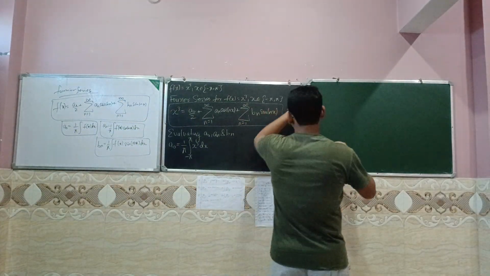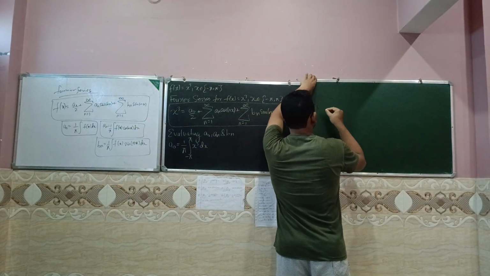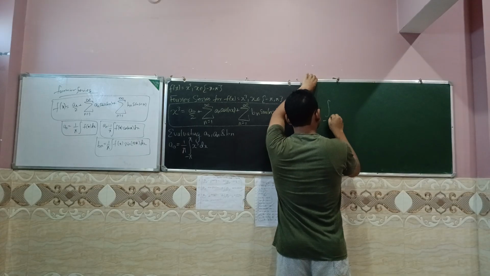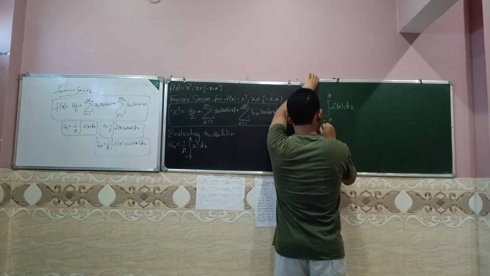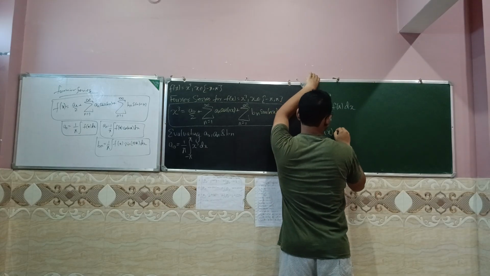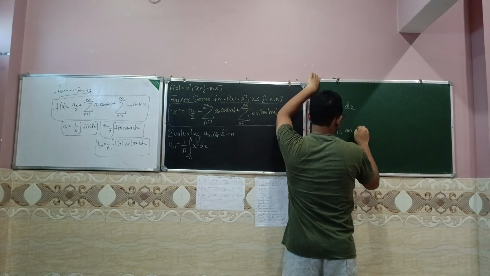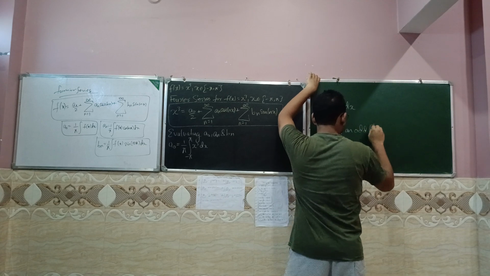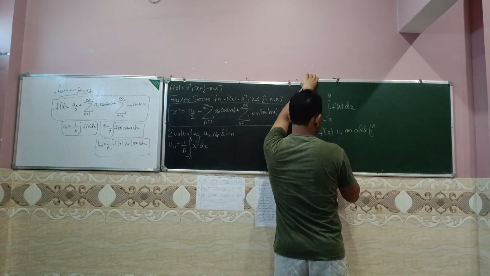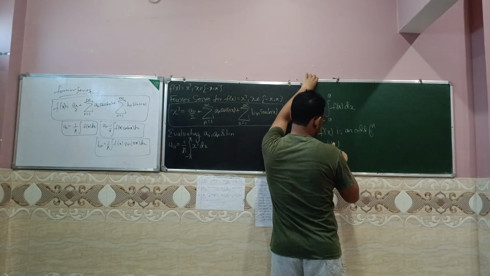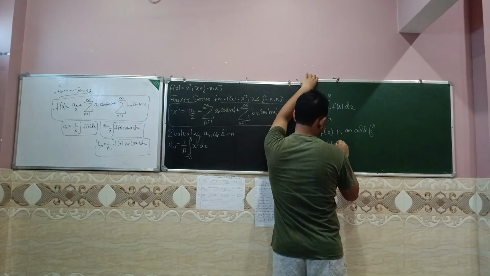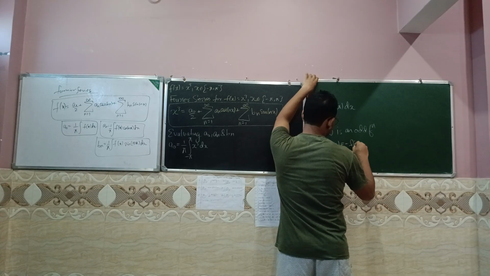The integral from negative a to a of f of x dx, where f of x is an odd function. What is an odd function? An odd function is one where f of negative x equals negative f of x.